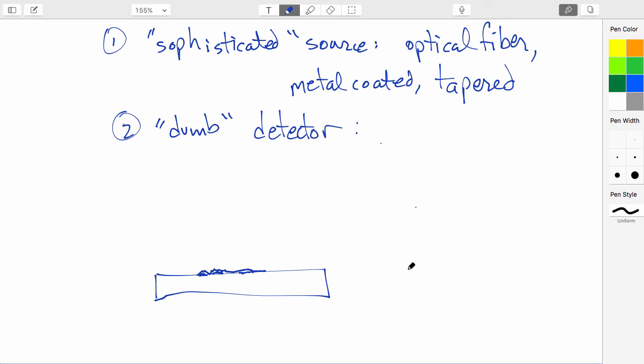Now, in this case, the idea is to make sure that we have a fiber optic probe. So this would be the probe.